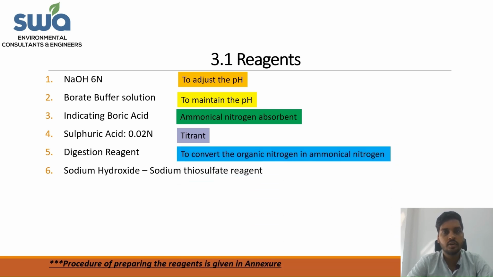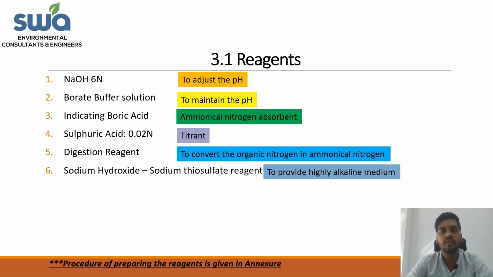Then the digestion reagent to digest the residue of ammonical nitrogen, which will eventually convert the organic nitrogen into ammonical form, as we will understand in the procedure. And lastly, sodium hydroxide and sodium thiosulfate reagent, which will provide a highly alkaline medium for the distillation process. The procedure for preparing all these reagents is given in the annexure. You can refer to the annexure to know the exact procedure.